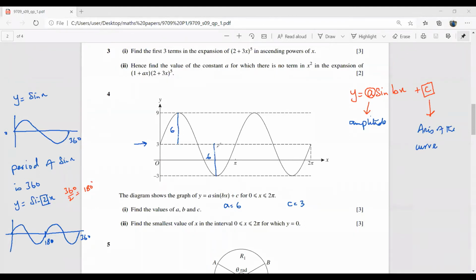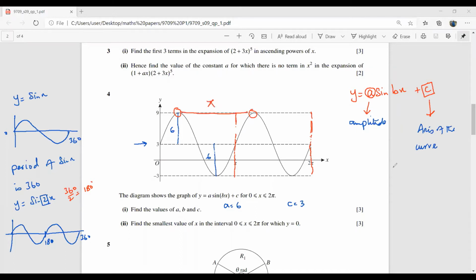This curve also has a period of 180 degrees, or pi radians. Look, one wavelength is completed within pi, and in the next pi there is another wavelength. From this distance to this distance, there is exactly pi radians.